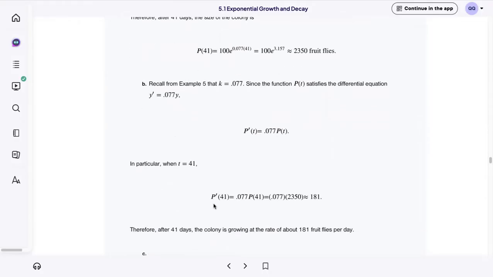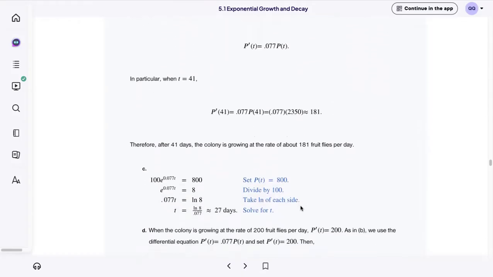For B, we use k equals 0.077 and plug into the derivative formula. P prime of t equals 0.077 times the original function. If t equals 41, we just plug in and get about 181.